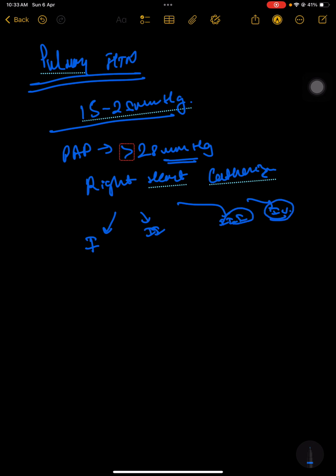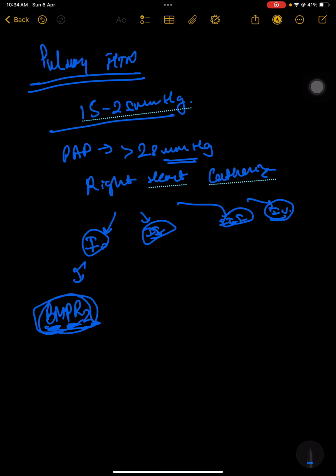Remember, type 1 is associated with a genetic mutation of BMPR2. So when there is a mutation in the BMPR2, you have to remember the name, okay? Say with me, BMPR2, BMPR2, BMPR2.